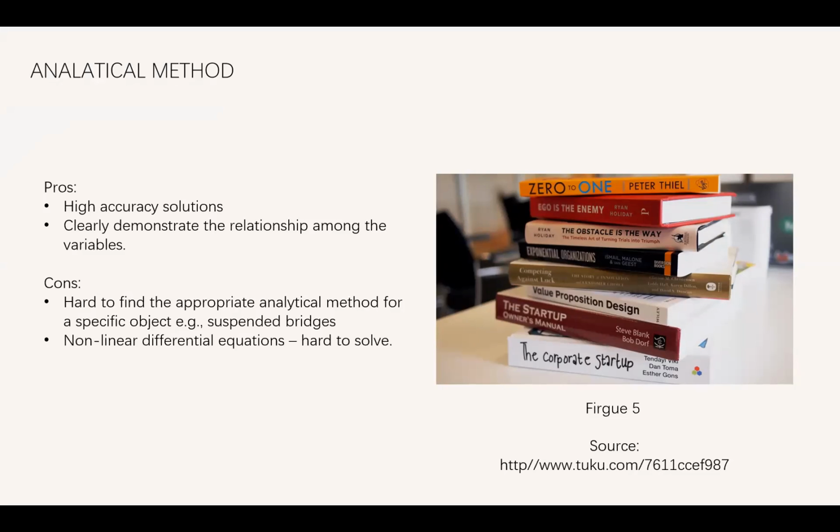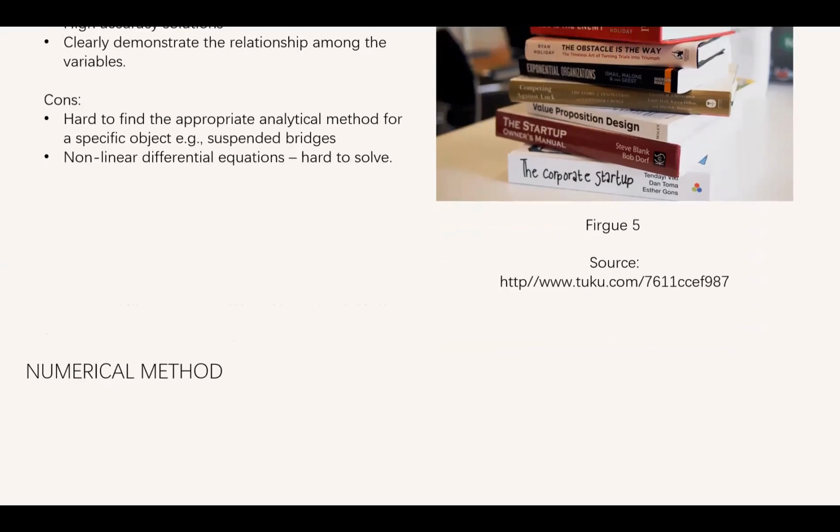However, it's really hard to find an appropriate analytical method for a specific object, such as a suspension bridge, in our case. Also, nonlinear differential equations are really hard to solve for students.